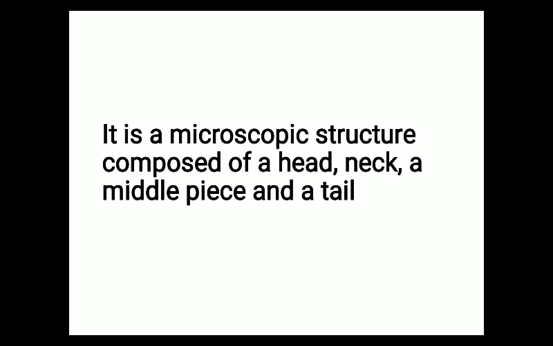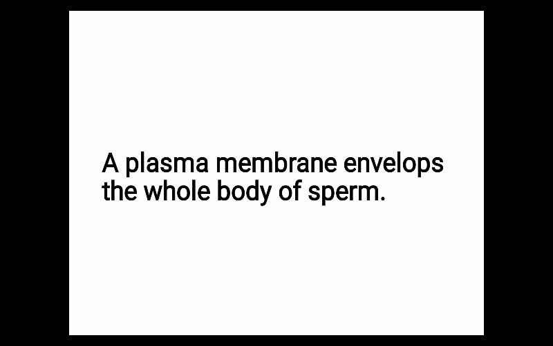Generally, we can see that the male gamete, the sperm, has four different parts: head, neck, middle piece, and a tail. And all these parts remain surrounded by an envelope of plasma membrane.